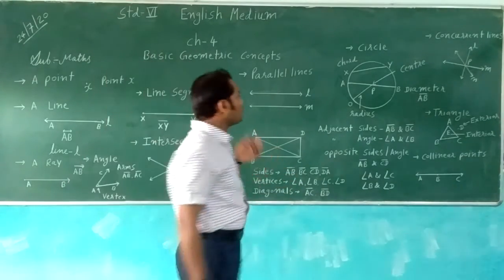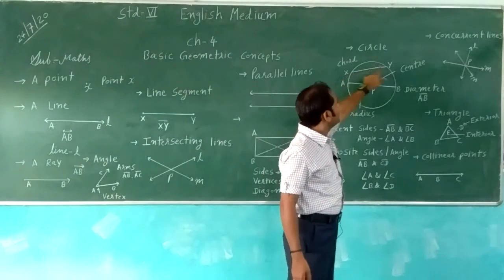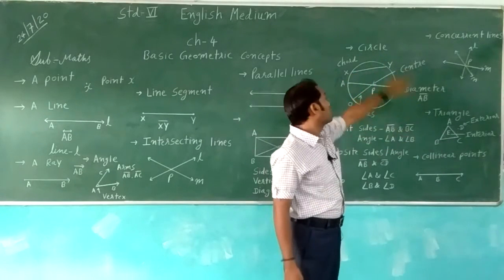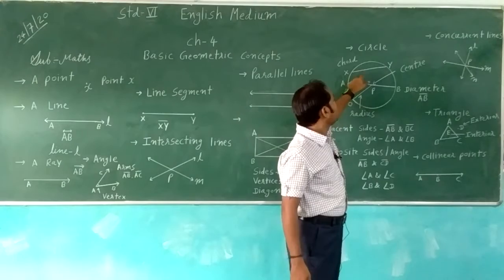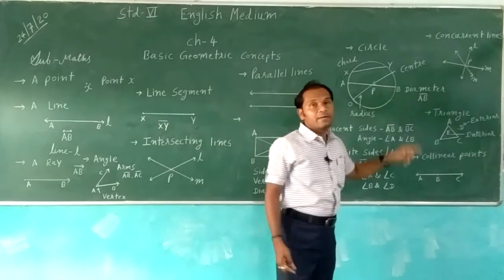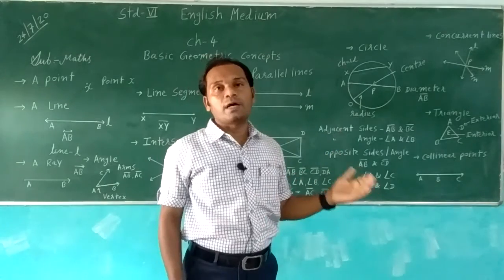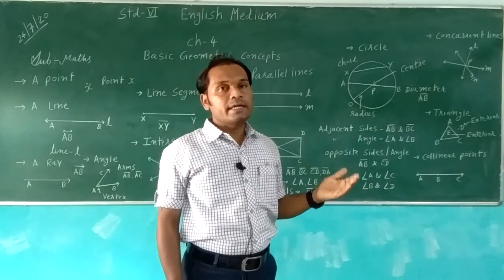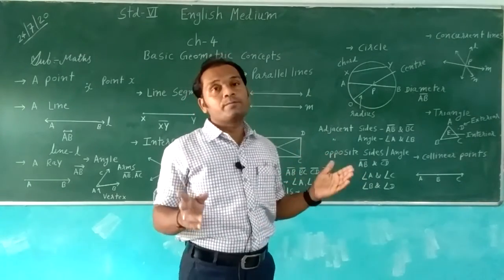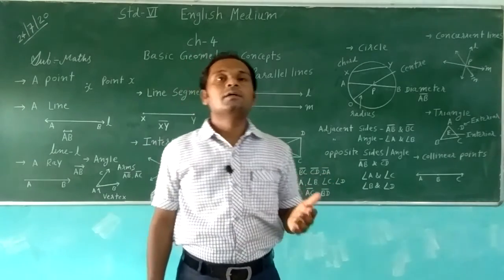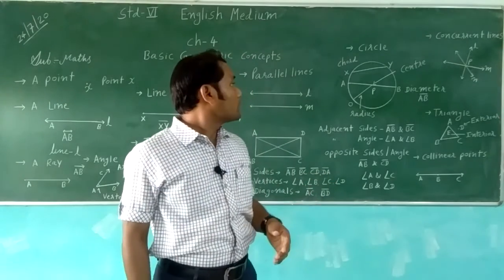So points X and Y are on the circle boundary, but the line is not passing through the center like a diameter. The line which is not passing through the circle center and has two end points on the boundary of the circle is called a chord.